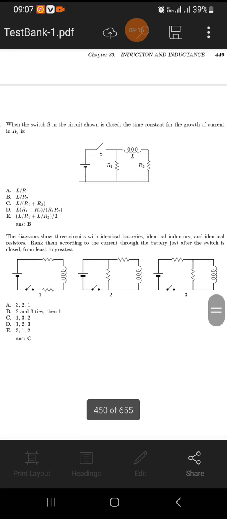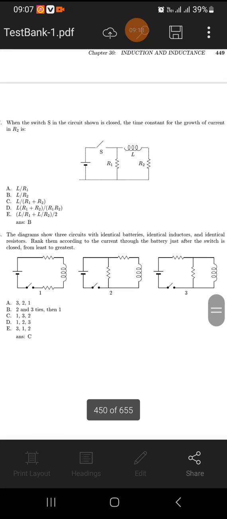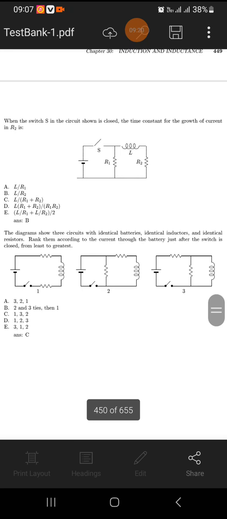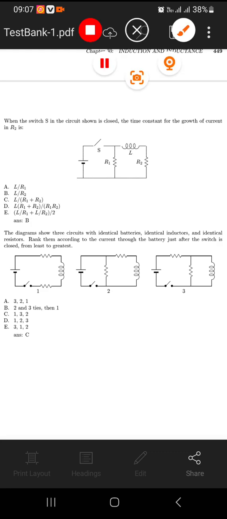So you should rank them according to the current through the battery just after the switch is closed, from least to greatest. So the answer is going to be C. 1, 3, 2. You choose the ones on the side, followed by the middle one.